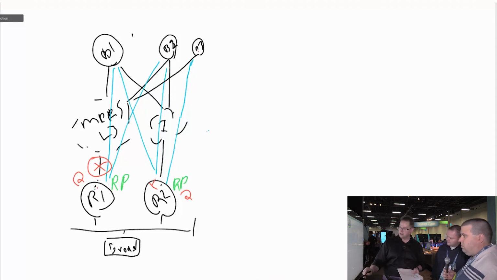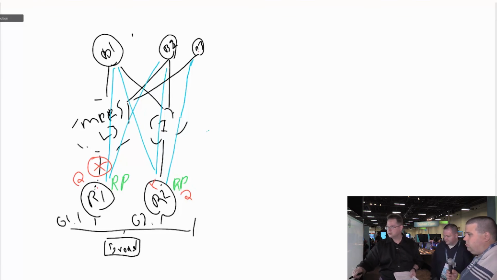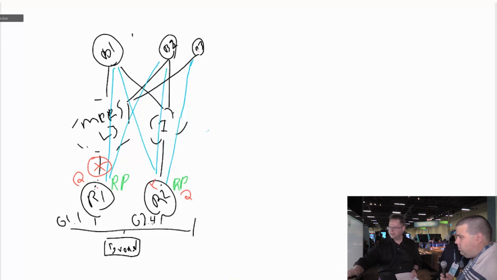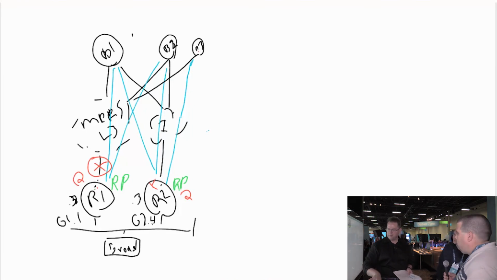So you've got, we'll say, G1 is .1, G2 is we'll call it .4, and then this one can be .3, or sorry, .2. This guy can be .3, and then we have group 1 going here, group 2 going here, and basically we just take all of the group 1 and increase the priority there so it switches over.